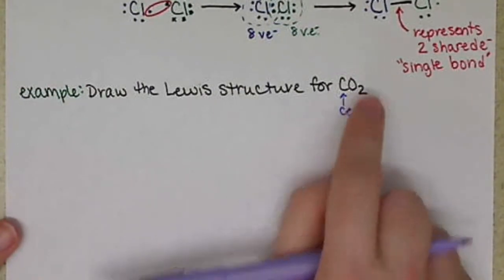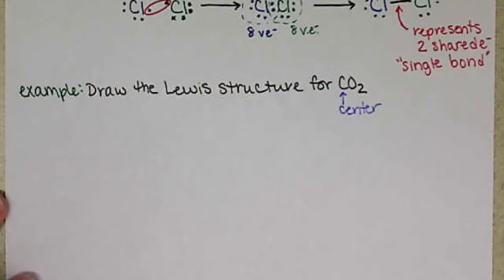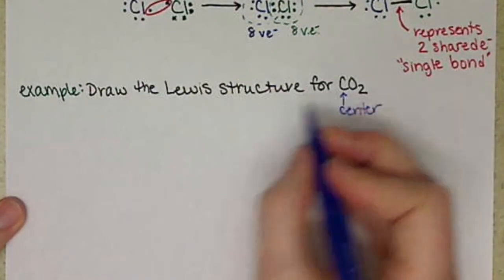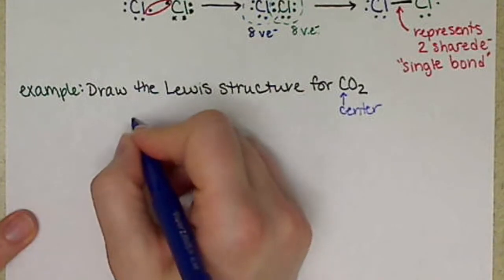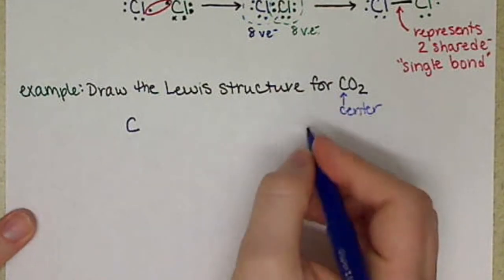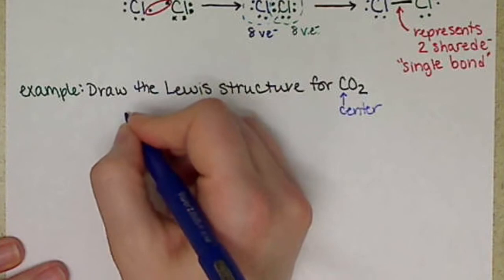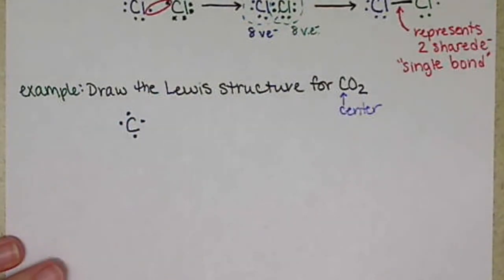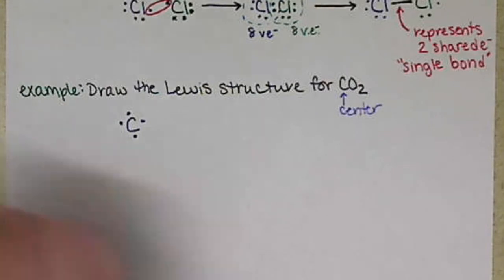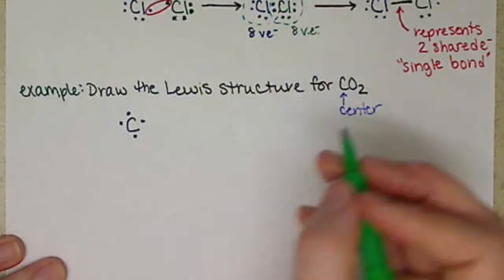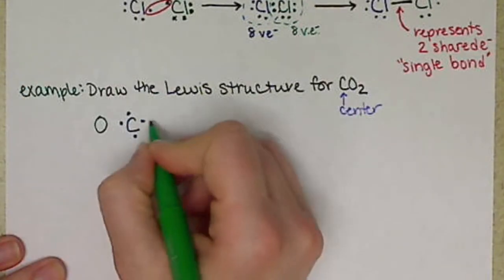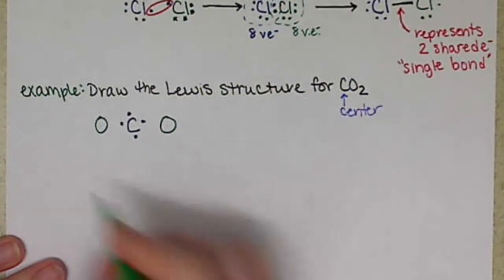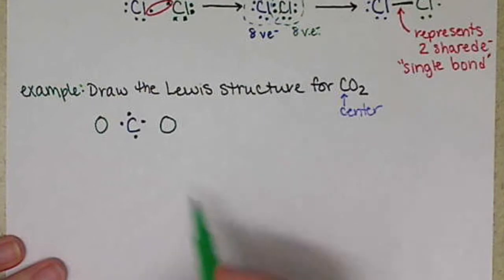So we have CO2, carbon dioxide. Let's put carbon in the center. Carbon is in group 4A. It has 4 valence electrons. So each side of our carbon symbol gets a dot. Oxygen, we'll put on either side of our carbon, trying to spread everything out.